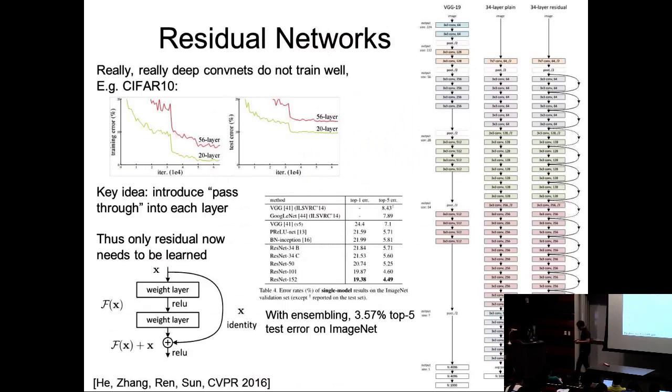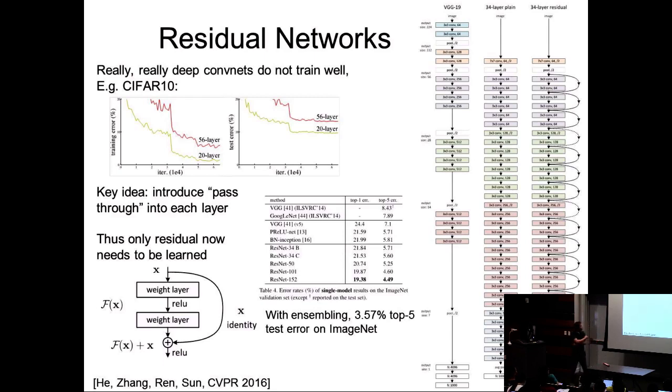Now, in 2016, there was another paper that I want to mention. It's called Residual Networks. And that basically was coming out, I believe, of Microsoft Asia. And they were basically able to achieve, again, state-of-the-art and would beat Google and VGG network. And so this model is right now kind of the baseline model that everyone is using.